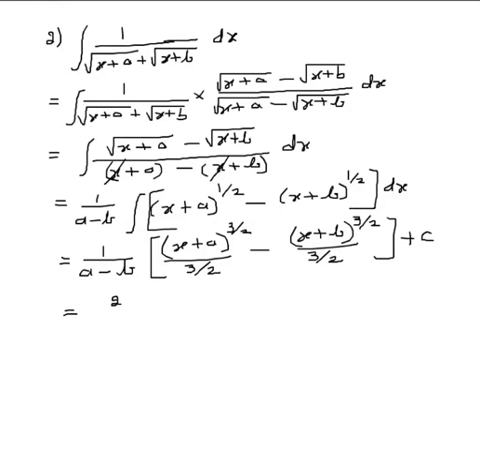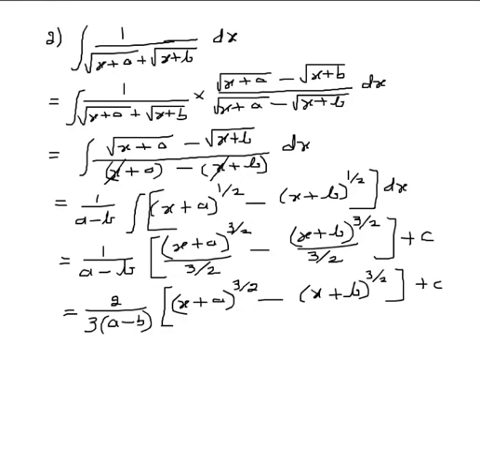Take out that 3 by 2, it becomes 2 by 3. So 2 by 3 times a minus b into x plus a whole power 3 by 2 minus of x plus b whole power 3 by 2 and plus c.